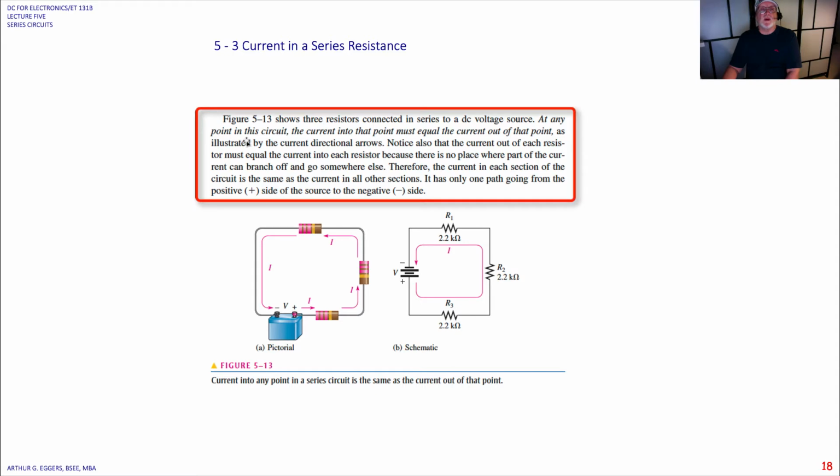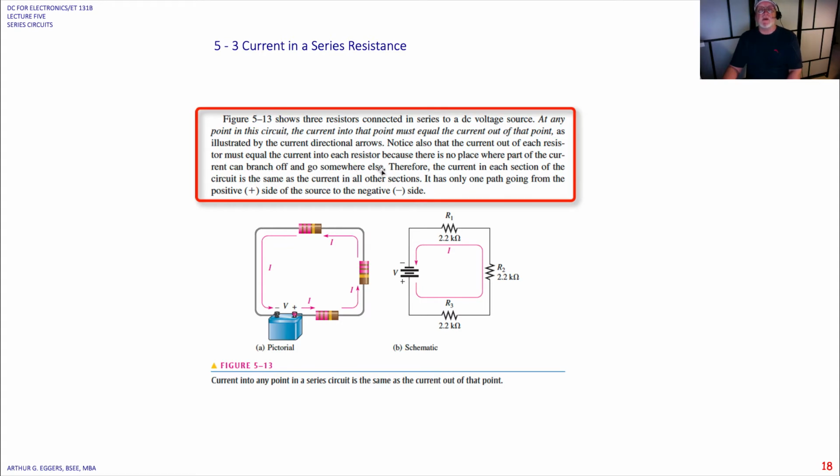At any point in the circuit, the current into that point must equal the current out of that point. Notice that the current out of each resistor must equal the current into each resistor, because there is no place where part of the current can branch off and go somewhere else.